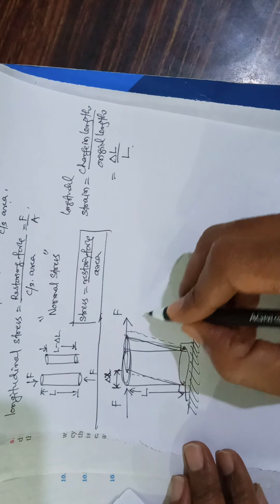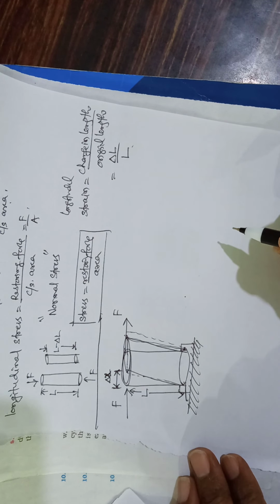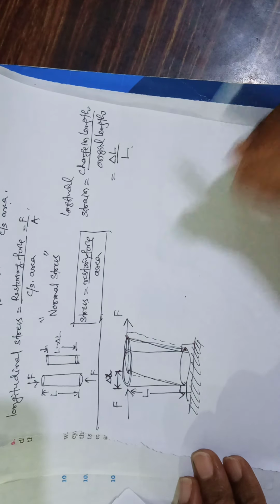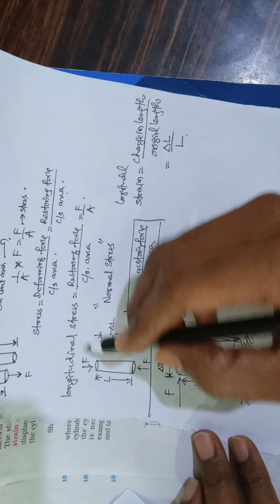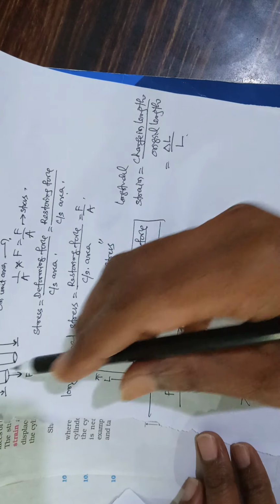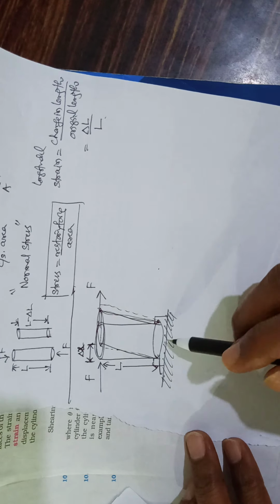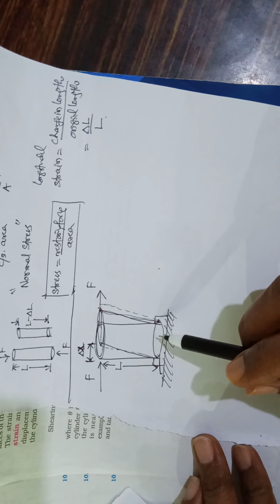Now here we want to define stress. Earlier it was longitudinal stress. By applying force, the length changed. That's why we say this stress is longitudinal stress. Then here by applying force, its length did not change.